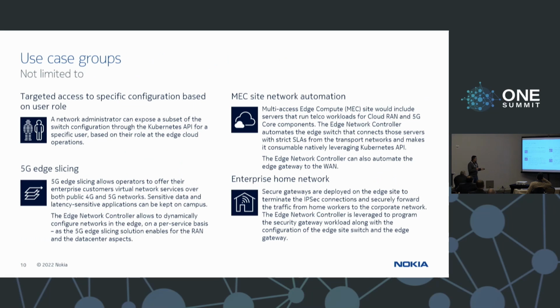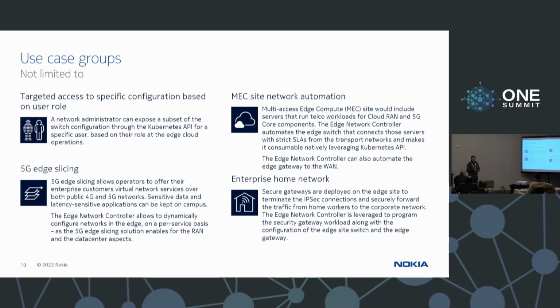Now, using this, we are investigating and actually deploying a few of the use cases. A certain set of use cases is targeted access. So you have your nodal configuration. Probably you may want to restrict certain sections of the configuration which should be manipulated in the network. So that's possible with RBAC. Then for the MEC site, the automation of the underlay and the application configuration could be done.